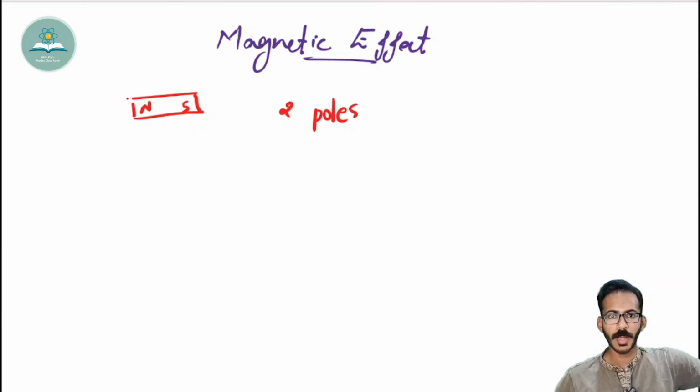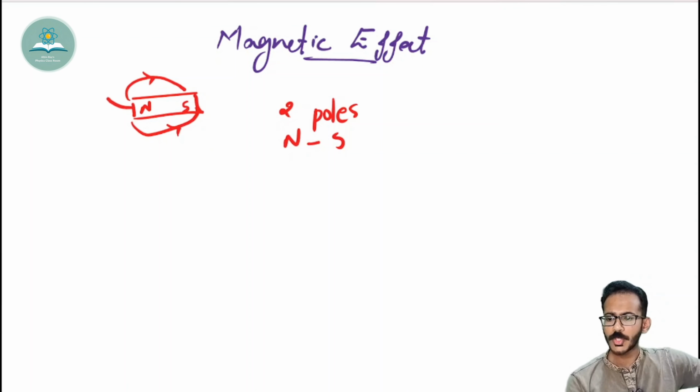The direction of magnetic field is always taken as north to south. Direction of magnetic field is from north to south. Any two magnetic field lines will never intersect each other. They won't touch each other.